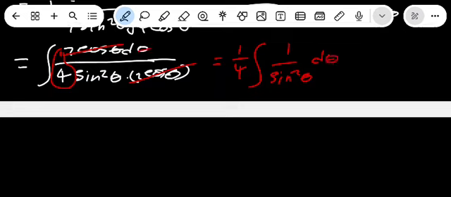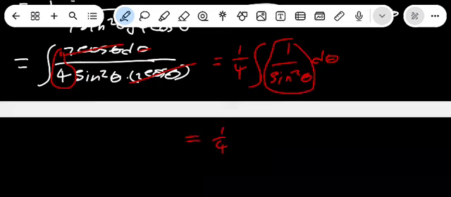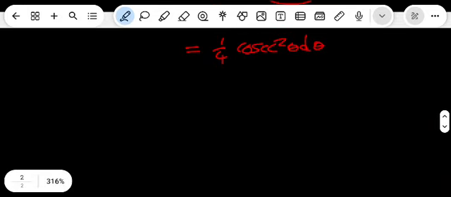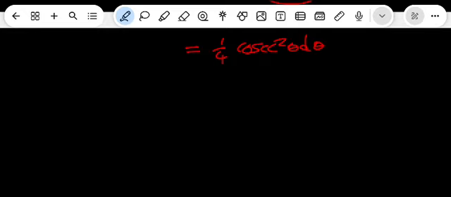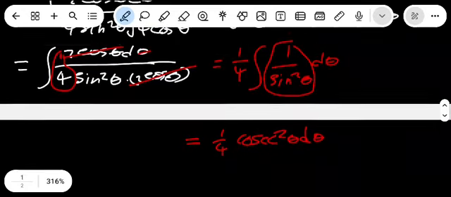Right, so this is an inverse. We'll have 1 over 4 times, that one will be what? Cosecant squared theta d theta. So this is what we have now. Then we still have the integral.